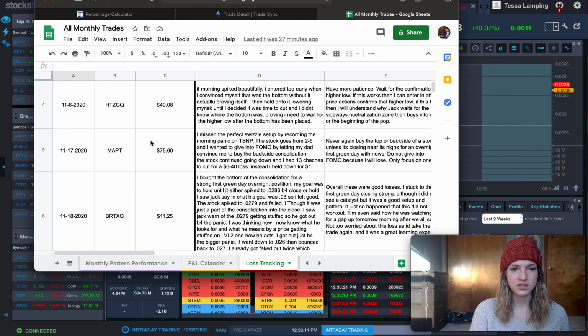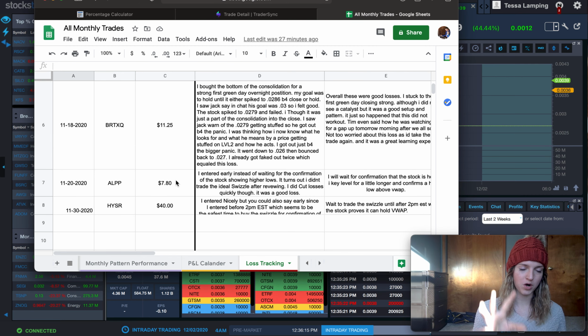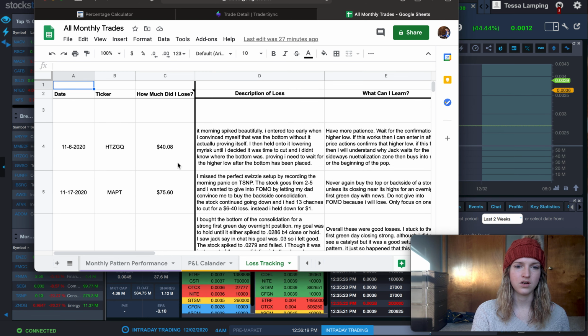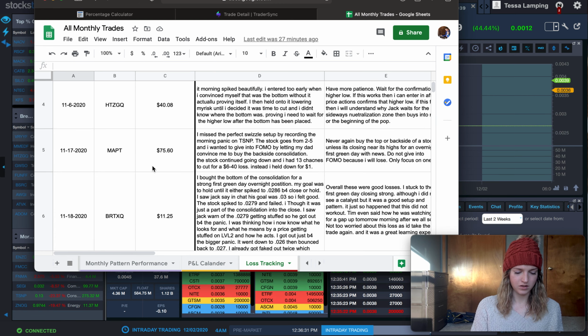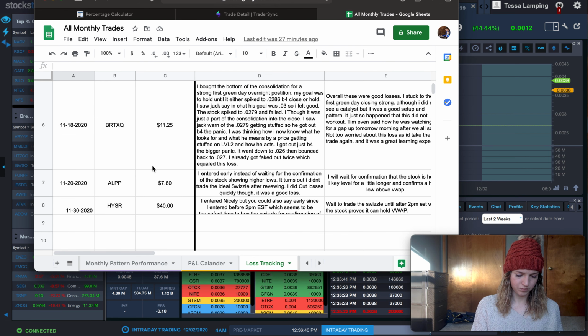So how much I lost, this is before commissions, because it's the whole purpose of the loss. And so, oh, I should have put the total right here. So let's calculate the total real quick, which I have on another spot, but let's go 40.08 plus 75.6 plus 11.25 plus 7.8 plus 40.